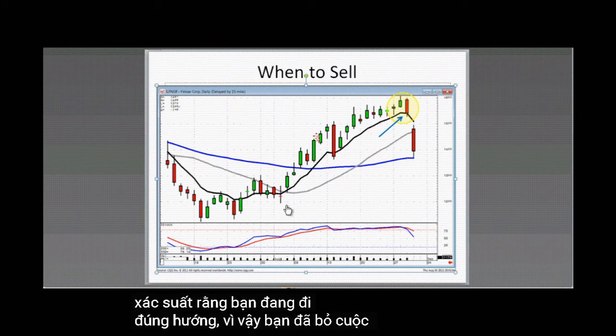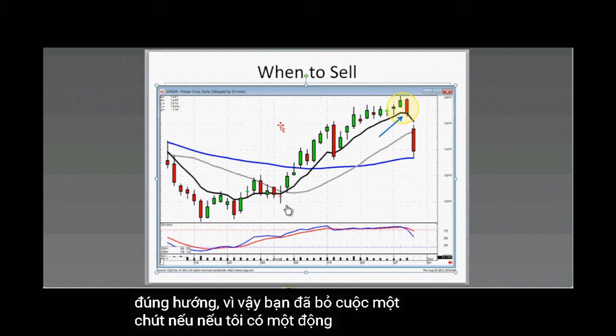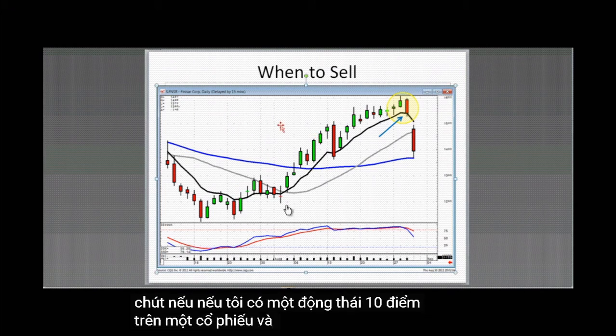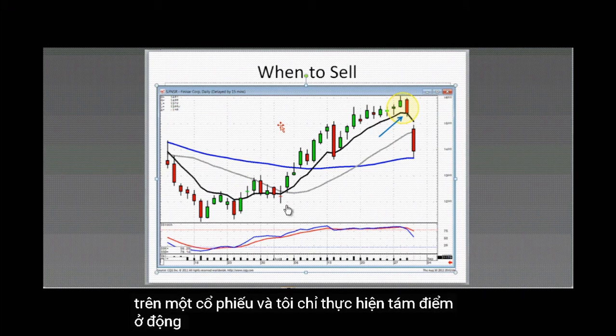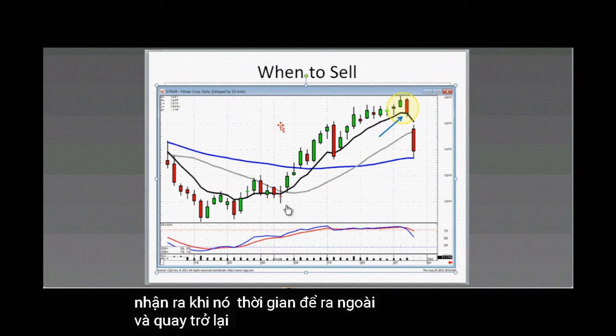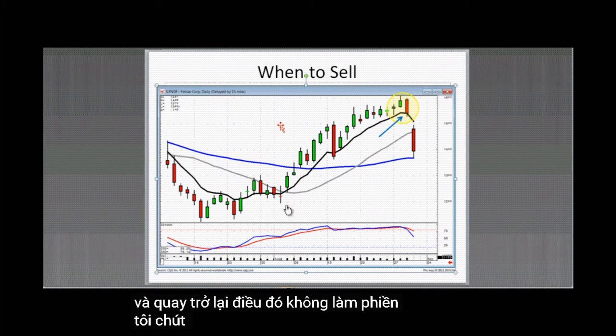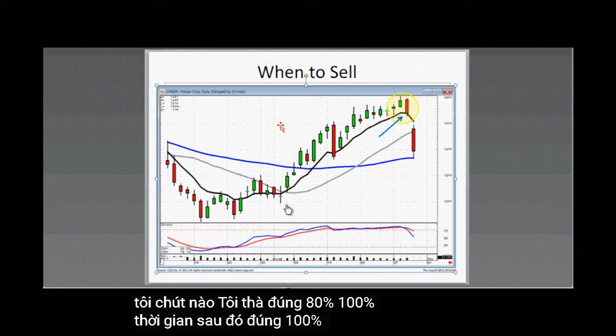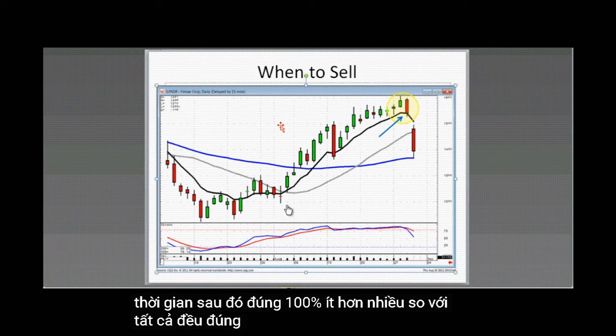All right, so you gave up a little bit. If I have a 10-point move on a stock and I only make 8 points on that move because the other two were getting out when it was time to get out and getting back in, that doesn't bother me at all. I'd rather be 80% correct 100% of the time than 100% correct much less than that.